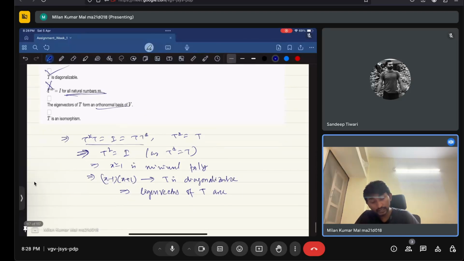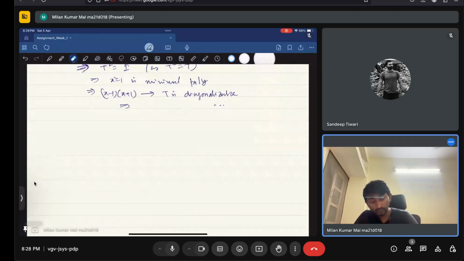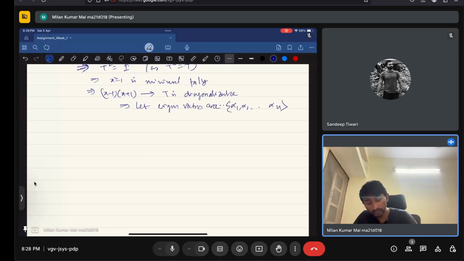Let the eigenvectors be alpha 1, alpha 2, all the way to alpha n. I have to say alpha i, alpha j equals something.